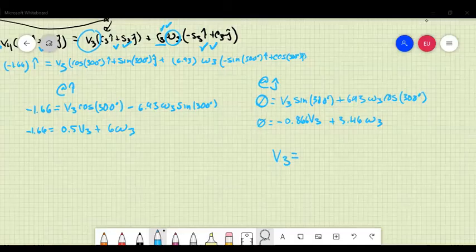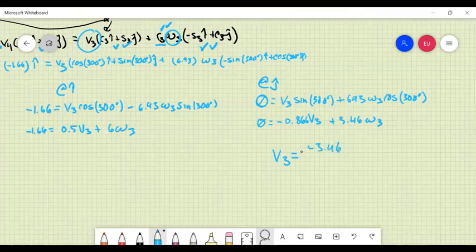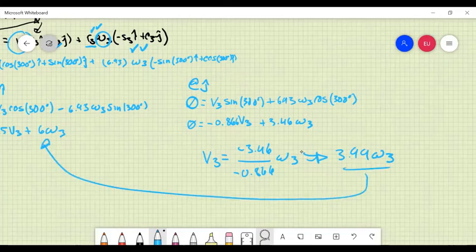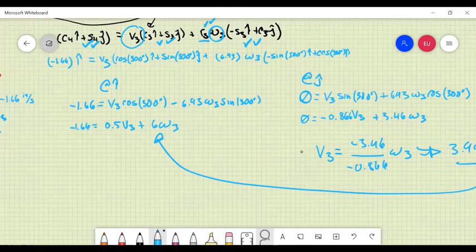B3 is equal to minus 3.46 over minus 0.066866 omega 3, which means this is equal to 3.99 omega 3. I can use that and substitute it here and work out for omega 3.